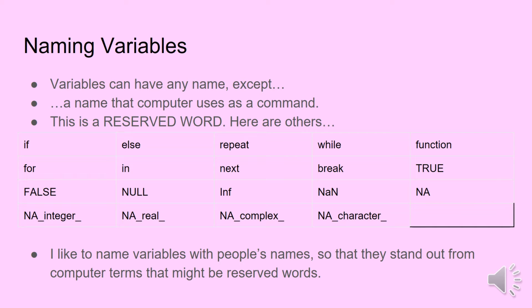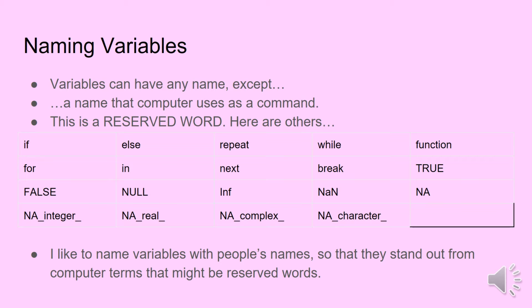That way it sticks out and it's clear that it's intended to be a variable, not a regular expression that the computer uses as an instruction. These are some reserved words here. You don't want to name a variable print or something like that. It will give you an error message anyway.